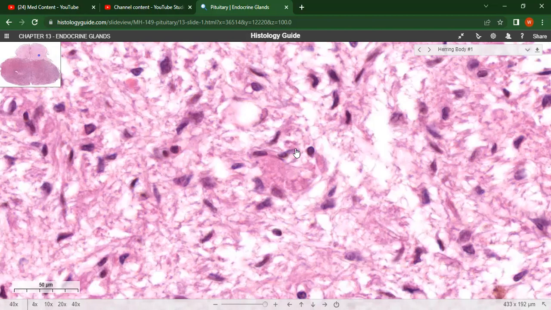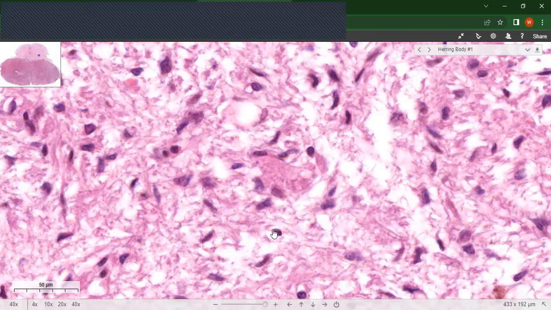Is oxytocin produced from the paraventricular? Is ADH or vasopressin produced from the supraoptic? I want you to write in the comments section if you can. These are the Herring bodies. Then you can see these nuclei; those are the nuclei of the pituicytes.